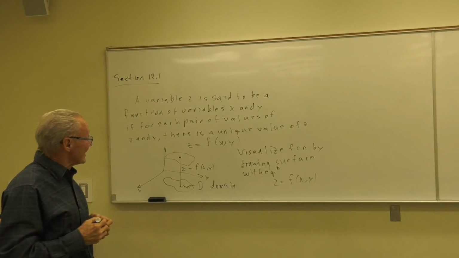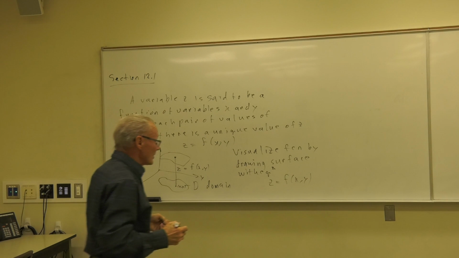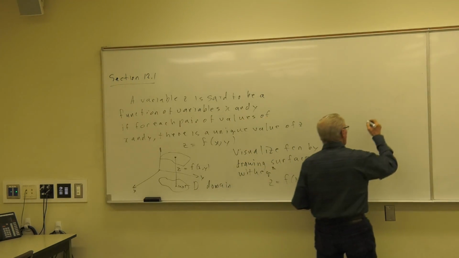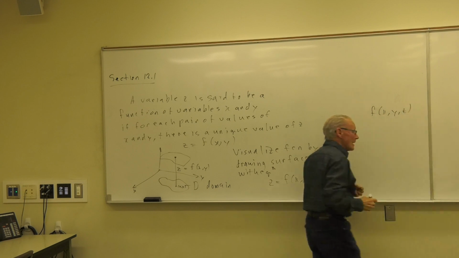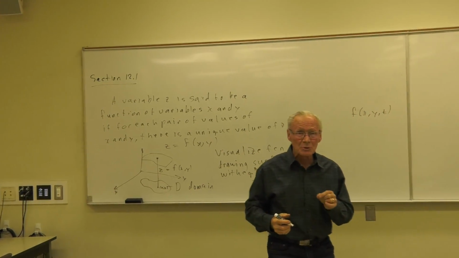This is very nice for functions of two variables. But if you had a function of 3 variables, x and y and z, I got a little bit of a problem visually.